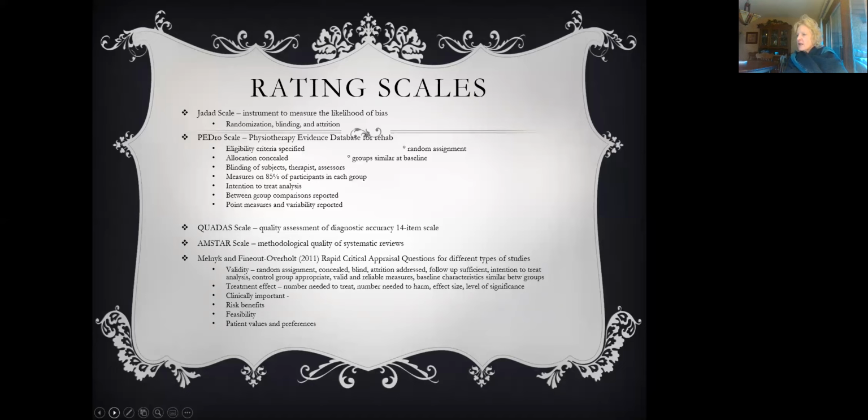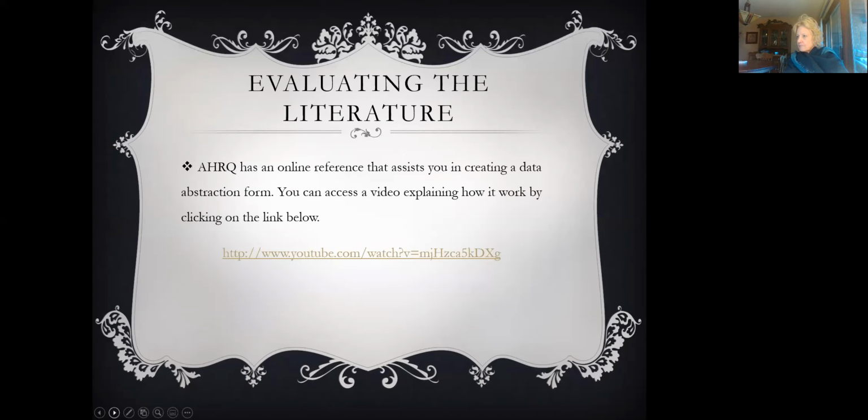And then there's the Melnick and Fine-Overholt rapid critical appraisal questions for different types of study. And they talk about looking at validity, treatment effect, clinically important risk, benefits, feasibility, and patient values and preferences. But just use some kind of scale to help you evaluate the studies.